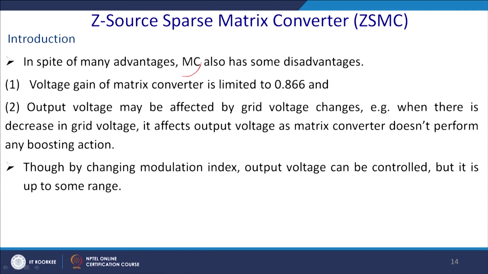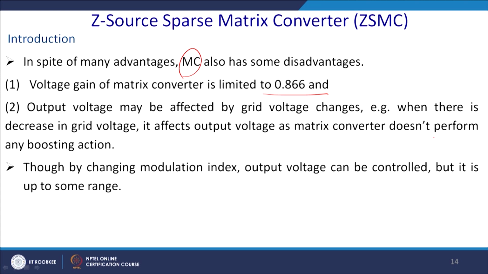So, in spite of many advantages, as I was saying, this matrix converter also has some disadvantages. Voltage gain of the matrix converter is limited to 0.866. Output voltage may be affected by the grid voltage changes; when there is a decrease in the grid voltage, it affects the output voltage as the matrix converter does not perform the boosting action.